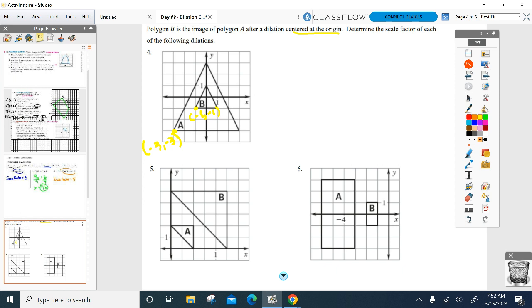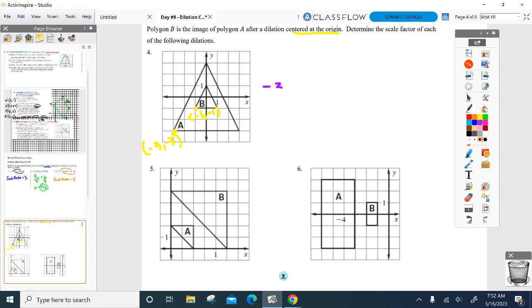And be careful though. You guys told me you're getting smaller. So you can't have a number bigger than 1. So I know some of you probably want to tell me 3, but 3 won't cut it because 3 would be an enlargement. This is a reduction going back from B. Again, hey guys, set up an equation. I'm sorry, I'm going the other way, right?